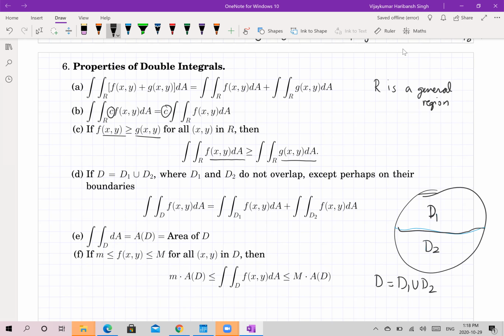At the common boundary, it can be considered a part of both of them. Then the integral of f of xy over region D is the same as the integral over D1 plus the integral over D2. So you can break the regions into parts and compute them separately. This is extremely helpful where your region is neither of type 1 nor of type 2. So you break it into regions of type 1 and type 2, and then you can do the computation.